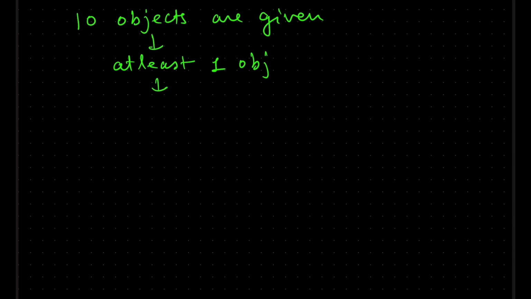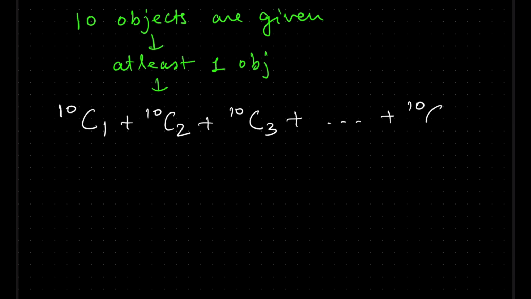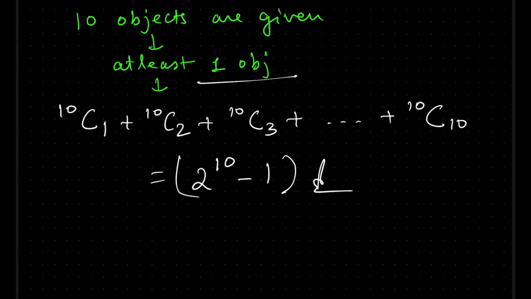How many ways will there be? In that case, you can select one object, or two objects, or three objects, and similarly all 10 objects. So the summation will be 2 to the power 10 minus 1. This is the final answer. This is the number of ways in which at least one object can be selected from a basket of 10 objects.